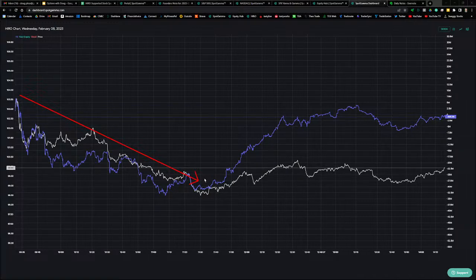So anyway, there's the confirmation short, and then a divergence long, kind of a confirmation divergence long. Let's see what traders were doing.